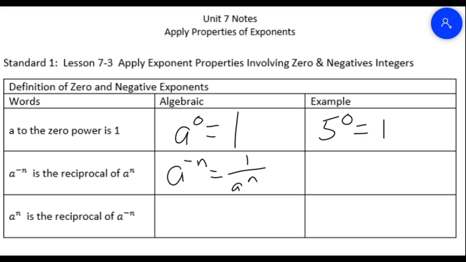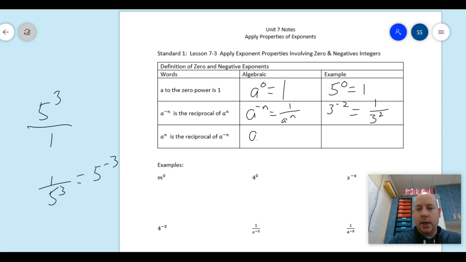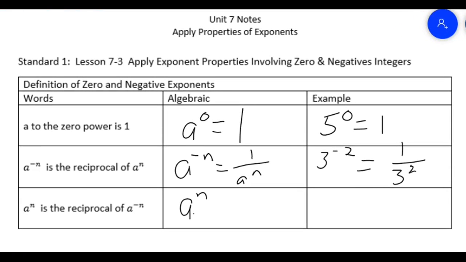So if I had something like 3 to the negative 2nd power, I'd make that 3 to the positive 2nd and make its reciprocal, 1 over 3 to the positive 2nd. Then our third rule is basically saying the same thing: a to the n power is the reciprocal of a to the negative n power. So a to the n is equal to 1 over a to the negative n.